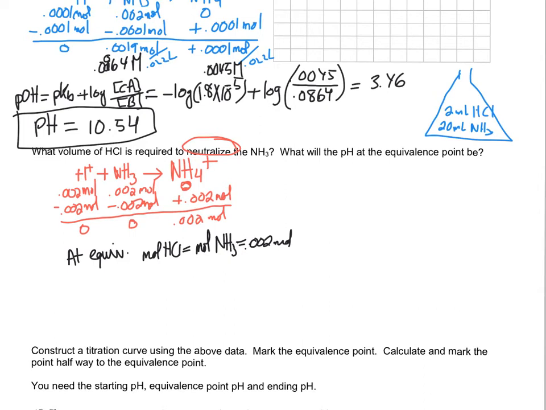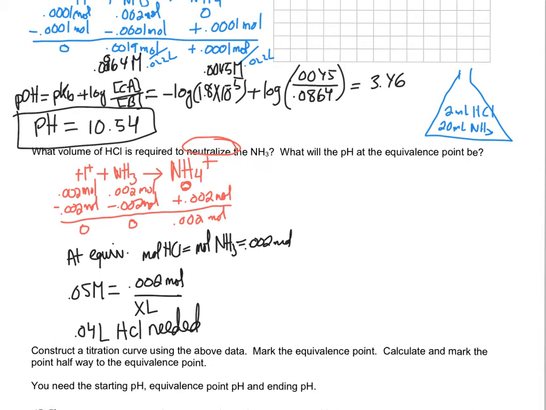So my HCl is 0.05 molar. I need 0.002 moles. I can solve for the volume. So I just do 0.002 divided by 0.05. That gives me 0.04 liters of HCl needed.